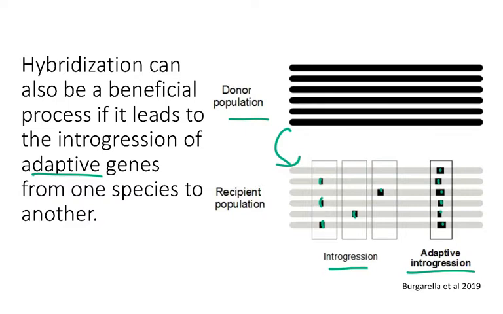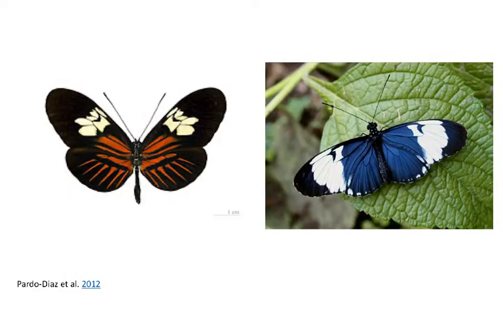So in this case, hybridization, introgression of genes from one population to another can actually be helpful and help that population survive. An example of this is with two different species of butterfly. The butterfly here on the left has what's called warning coloration. So the coloration pattern tells predators, I don't taste good, I'm poisonous, don't eat me.